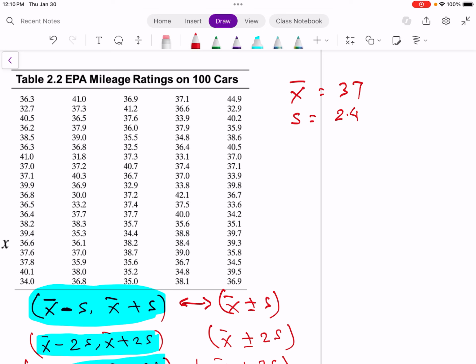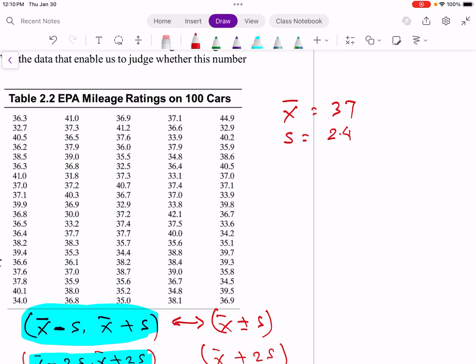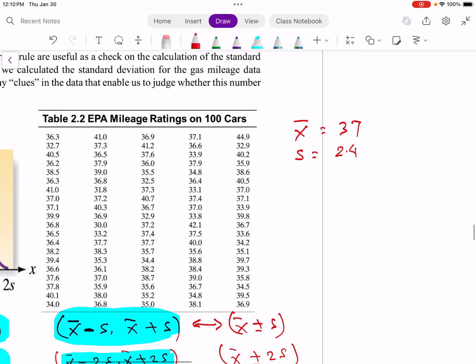Now let's calculate the number of measurements within two standard deviations of the mean. So within two standard deviations of the mean, that is x bar minus 2s to x bar plus 2s. At first we need to find this interval.